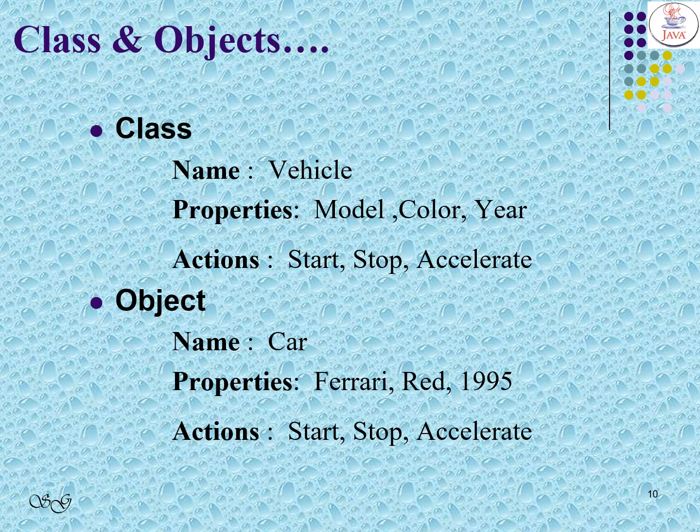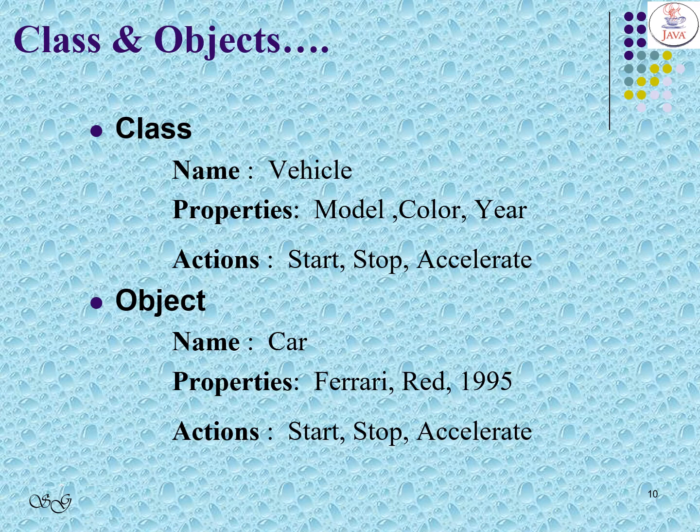An object of this class could be a car, which is a particular type of vehicle, which possesses the properties: model is Ferrari, color red, and year of making is 1995.